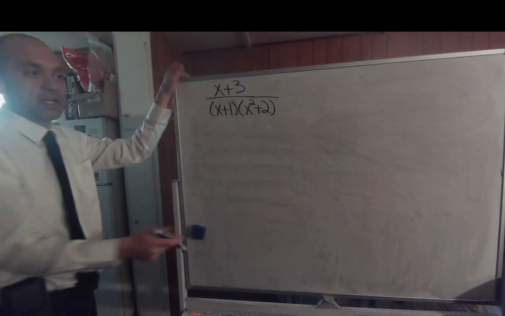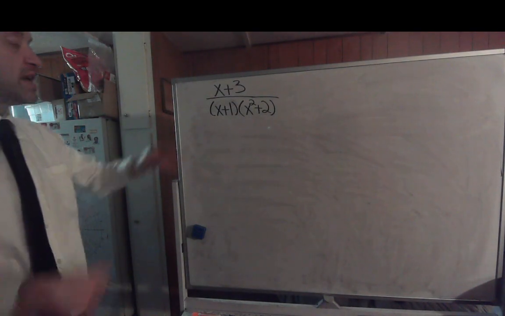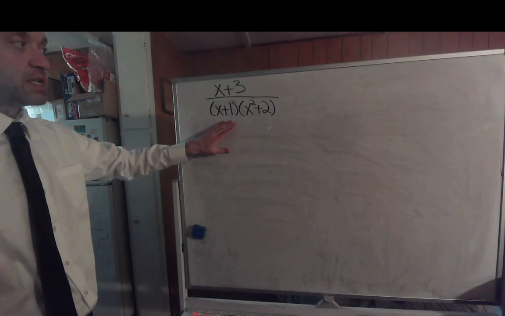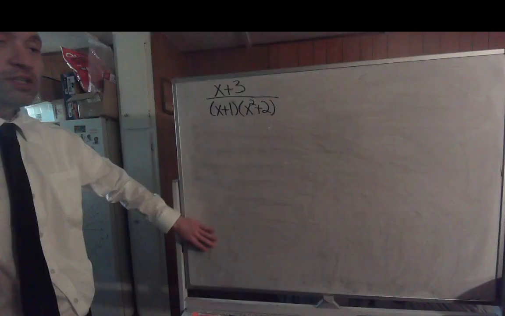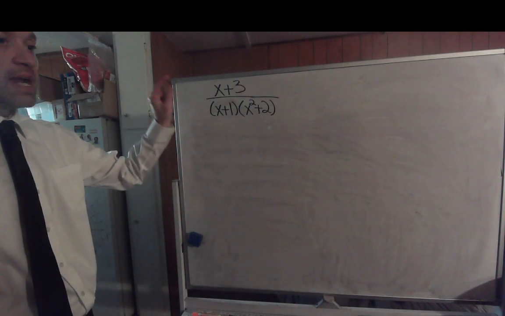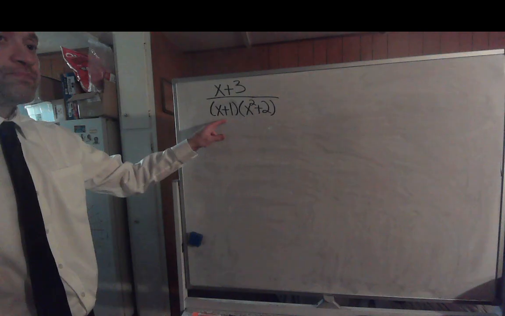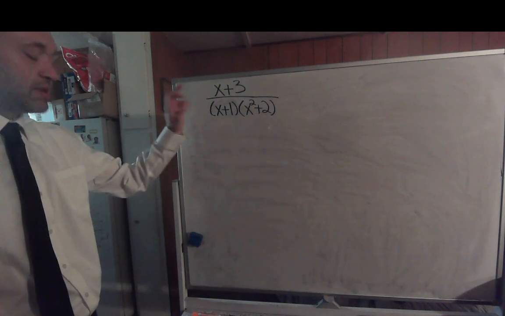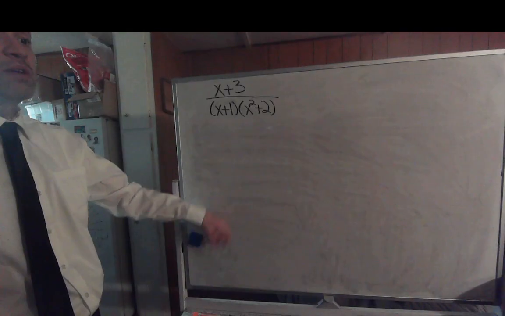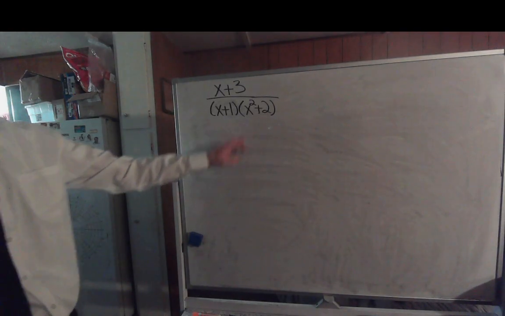That looks a little hideous, doesn't it? You have x plus 3 all over x plus 1 times x squared plus 2. We have a non-repeating linear factor, and then we have an unfactorable quadratic factor.